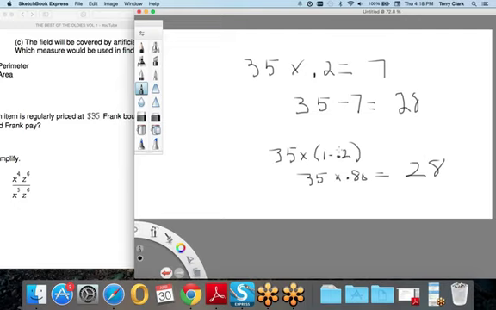The total of anything is always 100%. And so the discount is the 20% you're taking away from the 100%. Okay, and that's giving you 80%. And then 80% is what he's really paying. Okay, so 35 times 80% will give him 28.